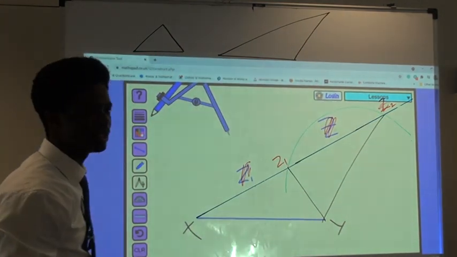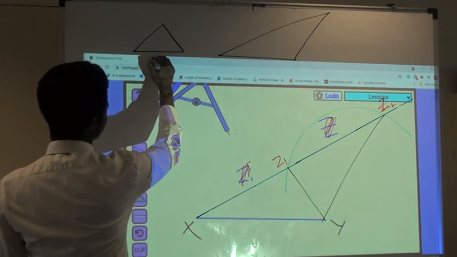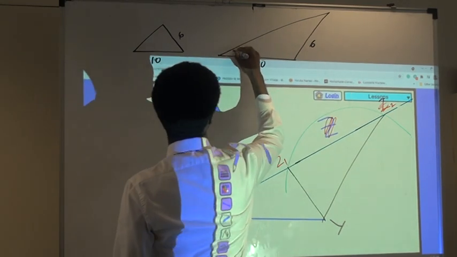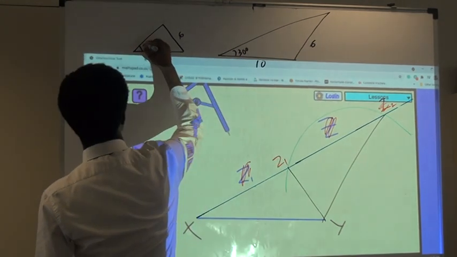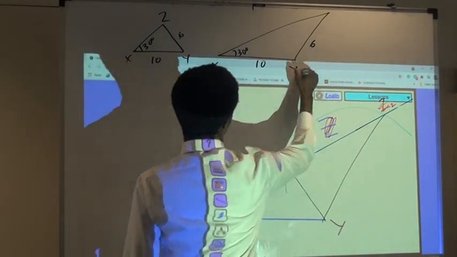For the same information, you have 10, is it 10 or 8? It's 10. 10, 6, 30 degrees, X, Y, Z.